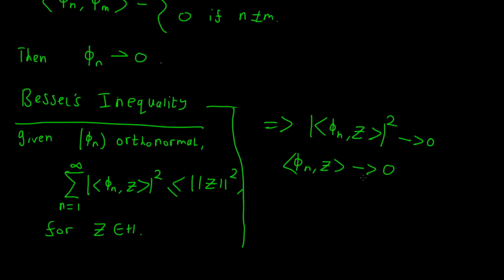But the only way that this thing could be 0 is if the phi_n are tending weakly to 0, because this thing is equal to the inner product of 0 with z. Because remember, this thing has to hold for every single z, so anything that means z isn't 0. It just means that these have to tend to 0.